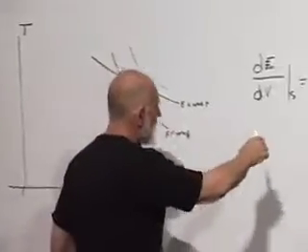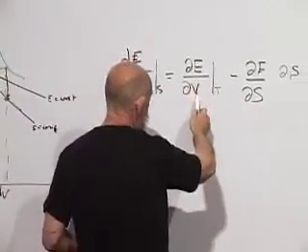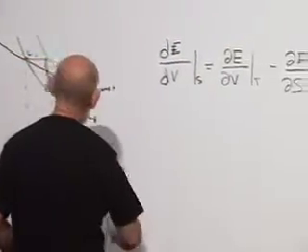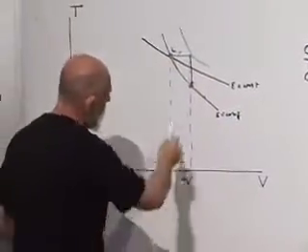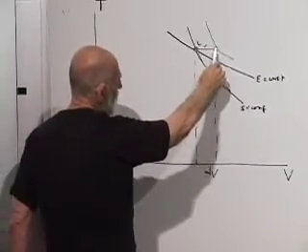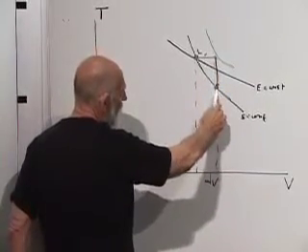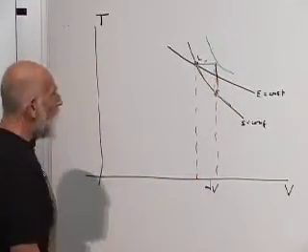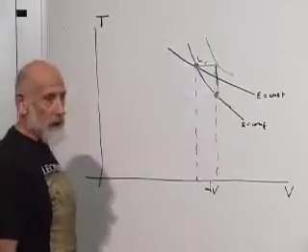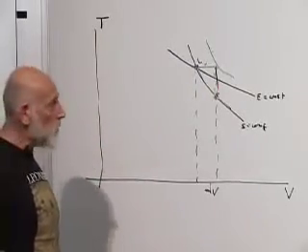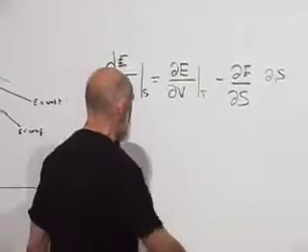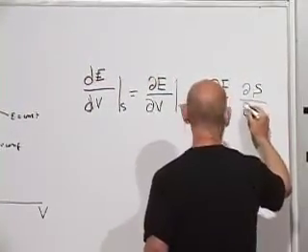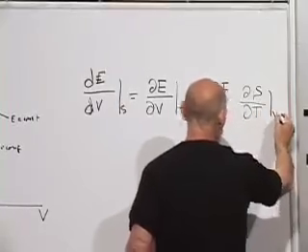So the change in the energy is the change in the energy per unit volume at fixed temperature, that's the horizontal change, plus the vertical change, which is the change in the energy with respect to the entropy times the change in the entropy in dropping down vertically. What's the change in the entropy in dropping down vertically? It's the change in the entropy with respect to the temperature at fixed volume.